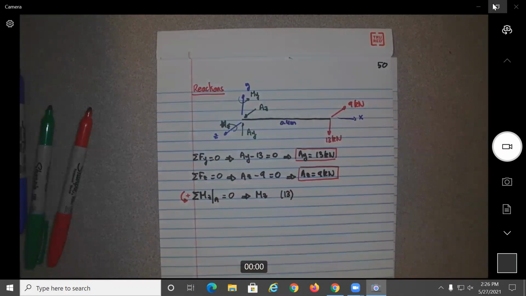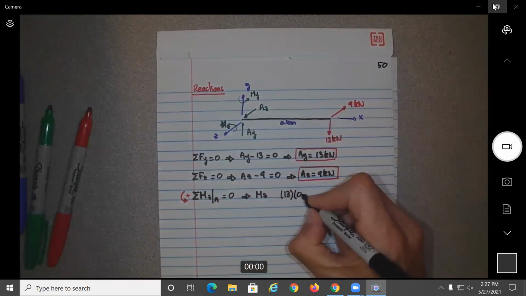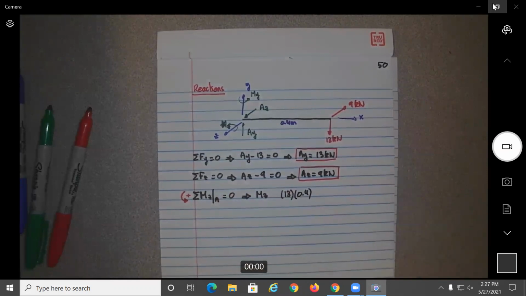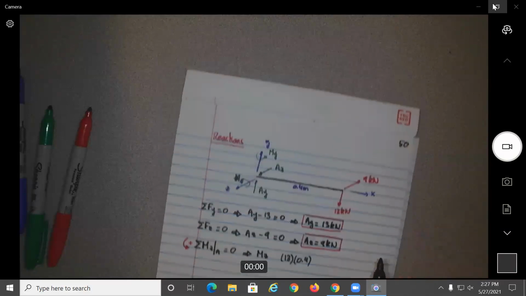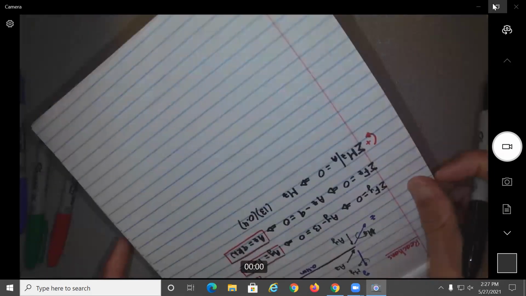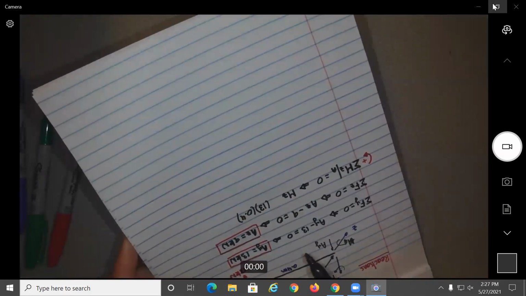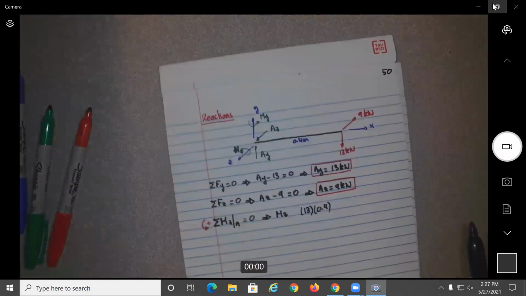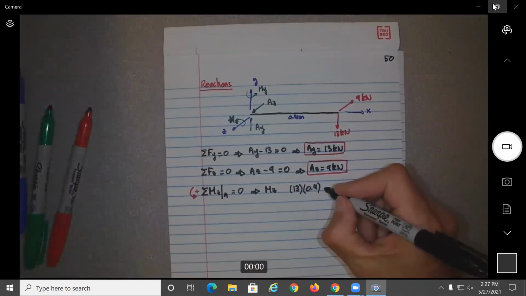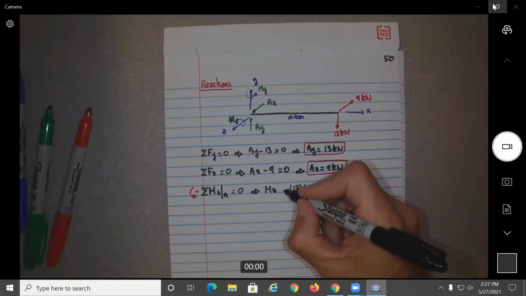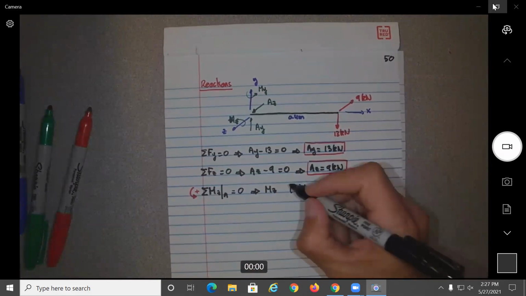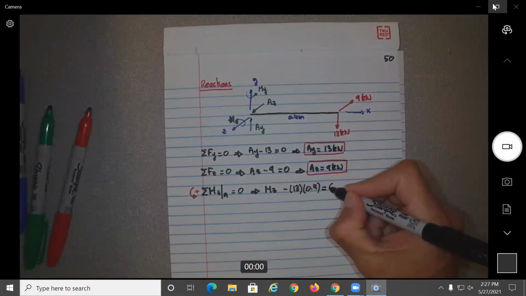The 13 kilonewtons times the 0.4 meters. Will that one be positive or negative? That one will be creating a counterclockwise moment, no? So it would be minus here. So Mz minus this equal to 0.